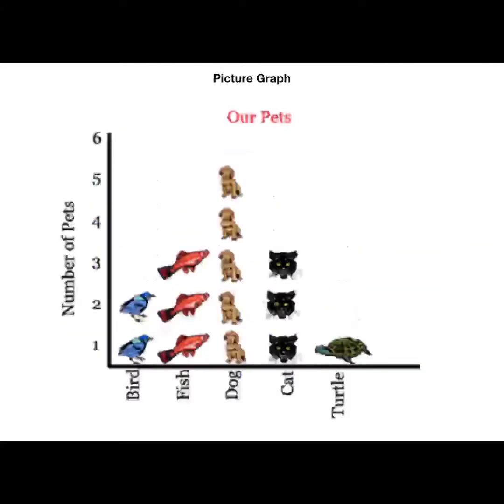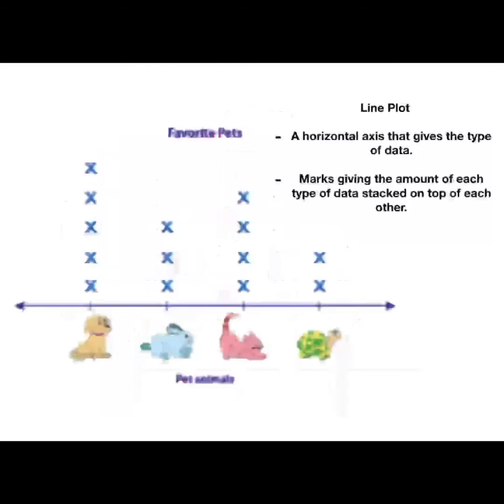And we also learned about picture graphs, which are also similar because they still are telling us the favorite pets, and this time instead of an X or it being colored in, it shows you the picture to represent the number of pets. Today we're specifically focusing on line plots.